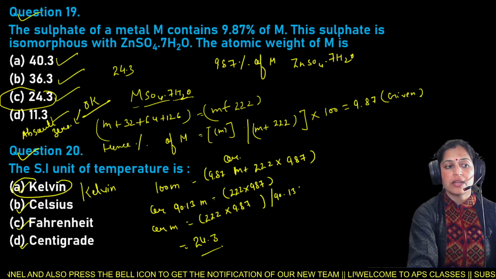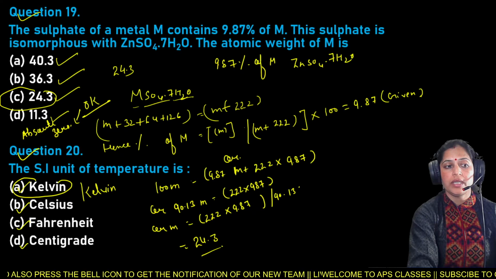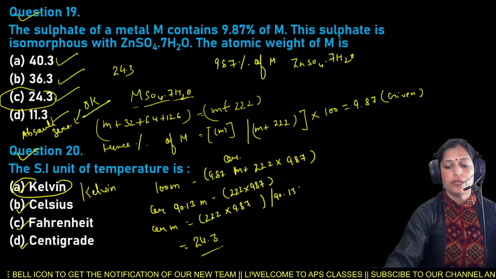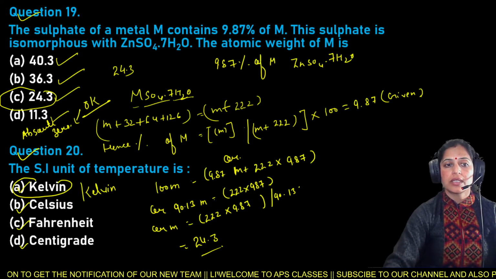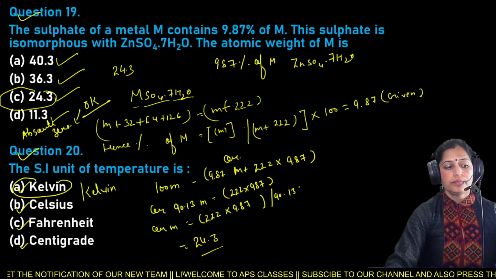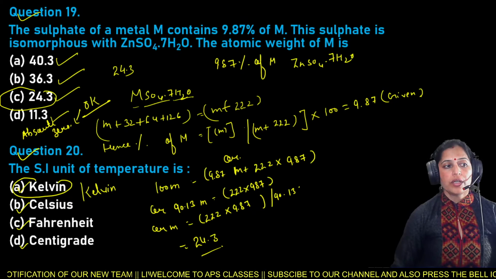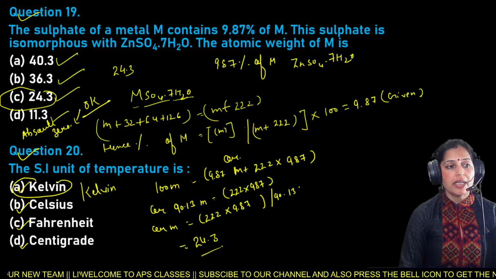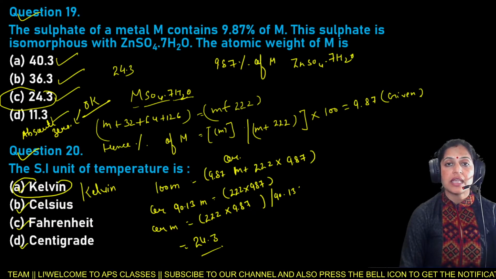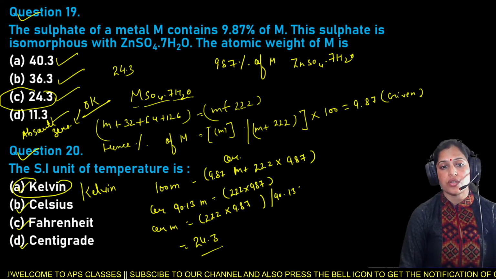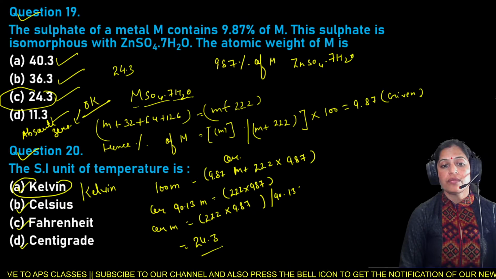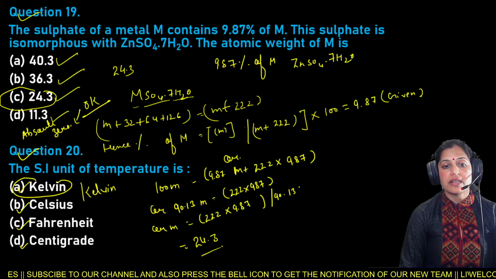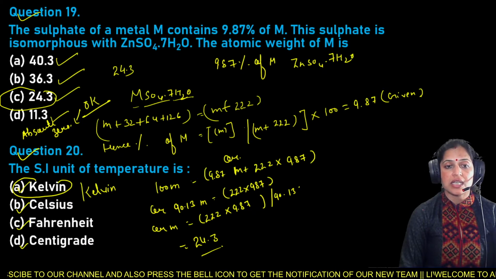Graphing this relationship, the volume for each substance would hypothetically reach zero around minus 273 degrees Celsius, the equivalent of absolute zero. So the SI unit of temperature is Kelvin, not Celsius, not Fahrenheit and not centigrade.